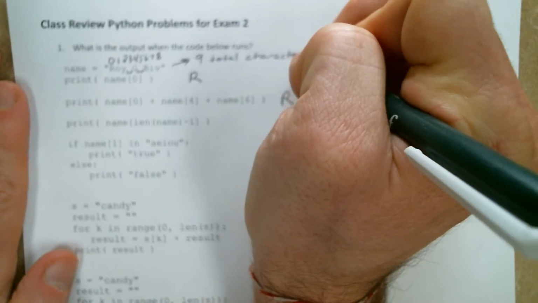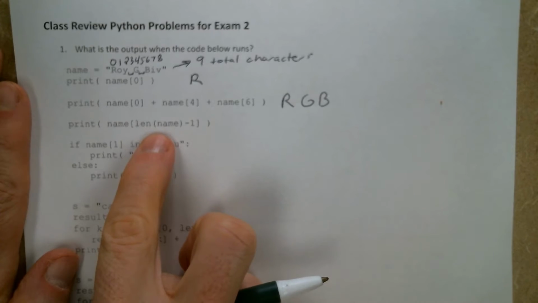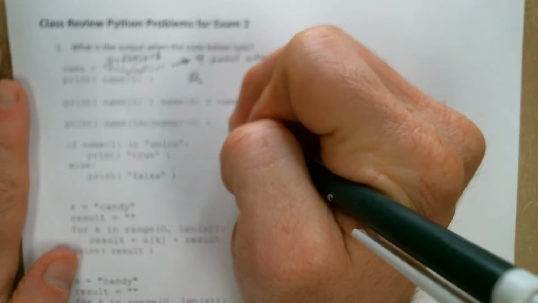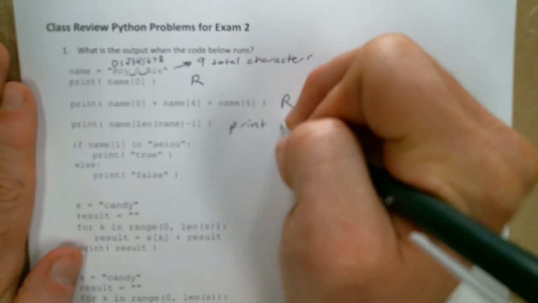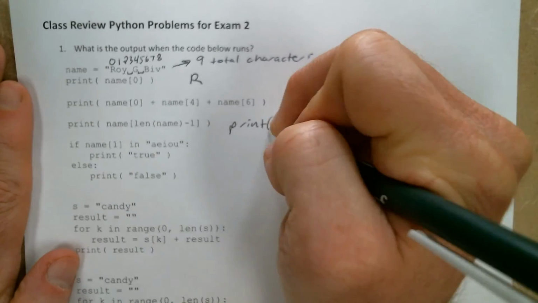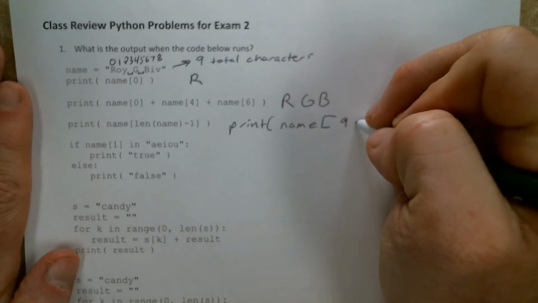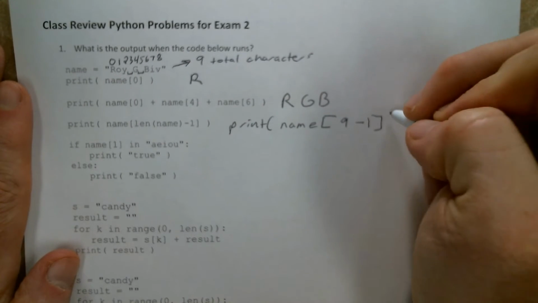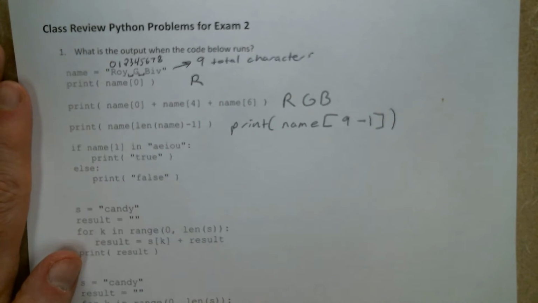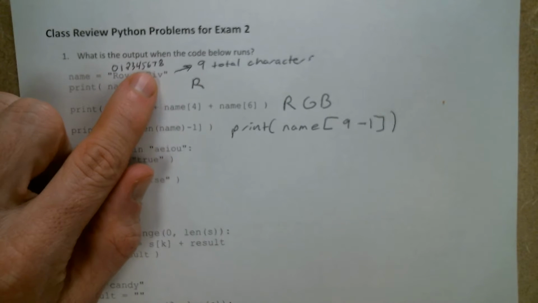So when you run this code, what it's really going to be doing is printing name, and then the length of name is 9 minus 1. So we're printing out index 8, which is the last character.